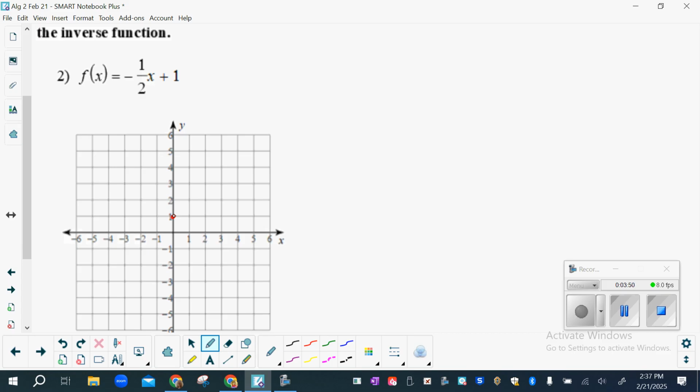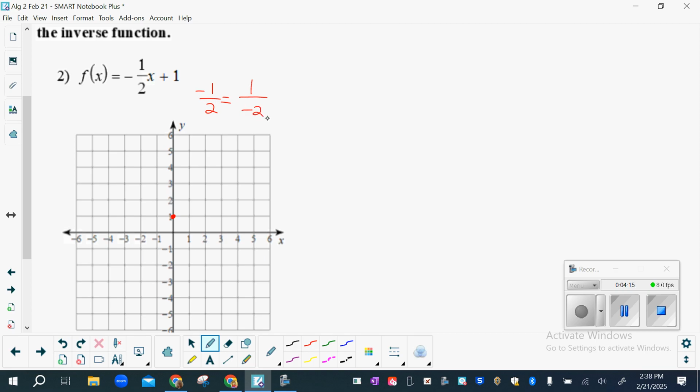What's the slope of this line? -1/2. So -1/2, it's rise over run. Can I make it 1/-2?